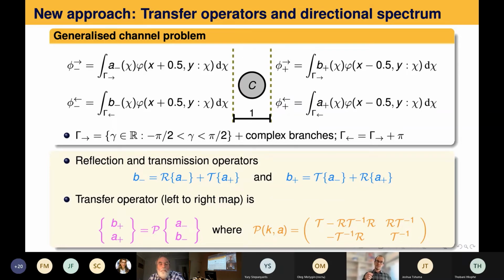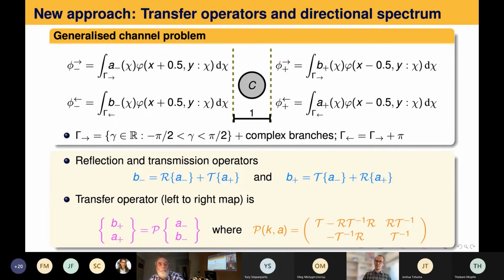And then the crucial part is that we derive the reflection and transmission operators, which I'm calling R and T, and they relate the amplitude functions A and B that you can see in the integrands at the top.